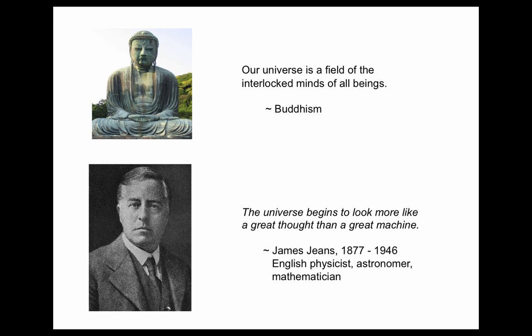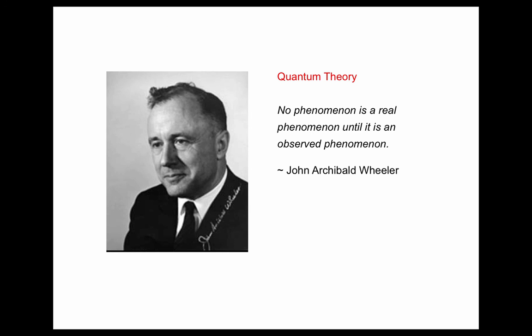If you ask Buddhism that, they say the universe is the interlocked minds of all beings. Well, we start getting problems with quantum theory and relativity. In response to that, James Jeans, English physicist, writes, the universe begins to look more like a great thought than a great machine. So Western science is starting to think that way.